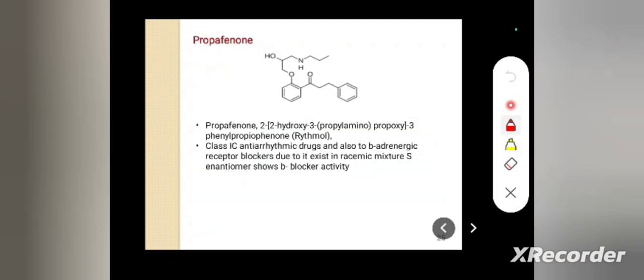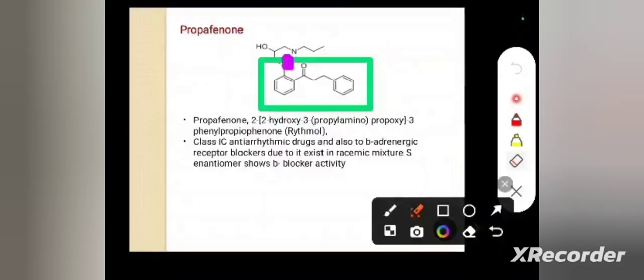So next, propafenone. This is the next class 1C antiarrhythmic drug. Chemically, propafenone is a 3-phenyl propiophenone derivative.